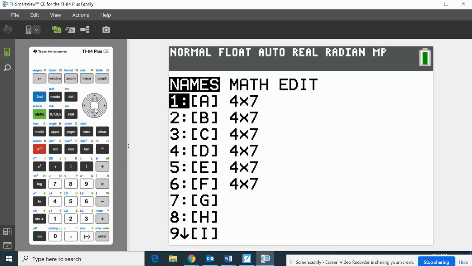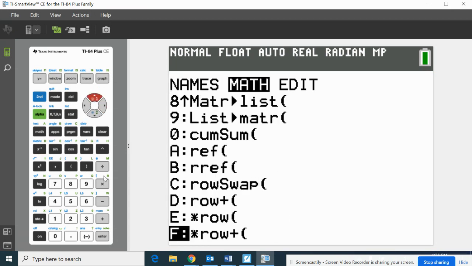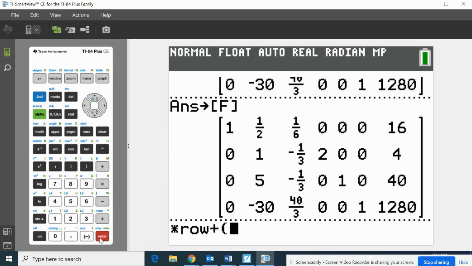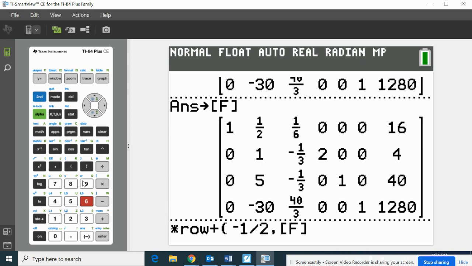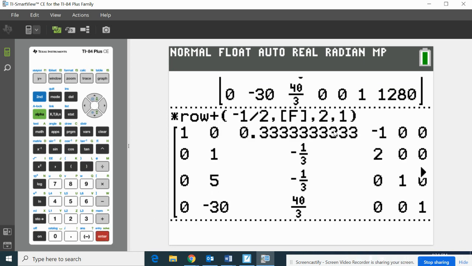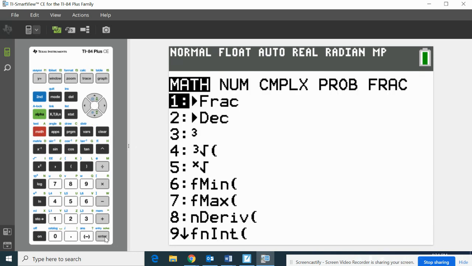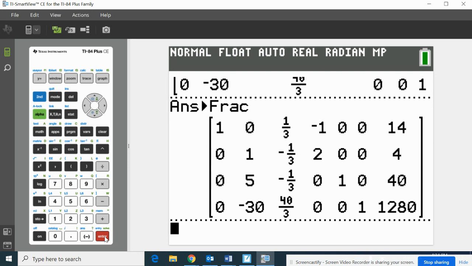second matrix, arrow to math, star row plus. I'm doing negative 1/2, so negative 1 divided by 2, comma. Then I'm going to do matrix F, so second matrix, letter F, comma, row 2, comma, and then add it to row 1. And then, again, I got a weird decimal, so I'm going to go back to math to fractions and make sure it makes everything nice little fractions for me.